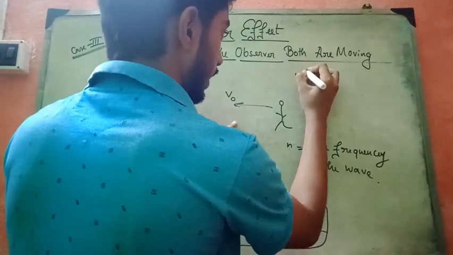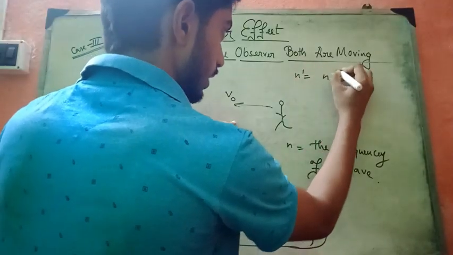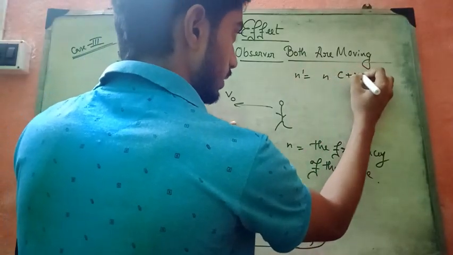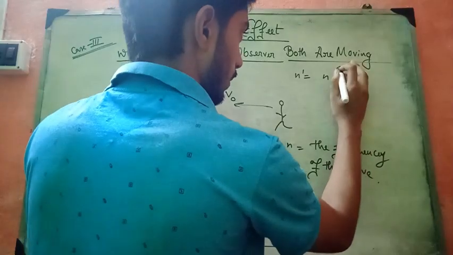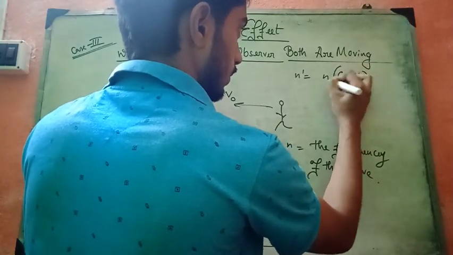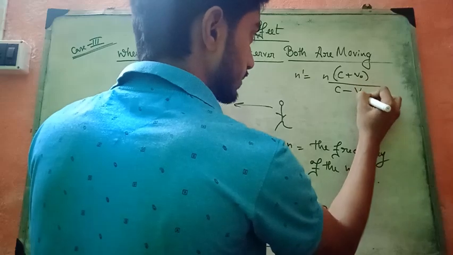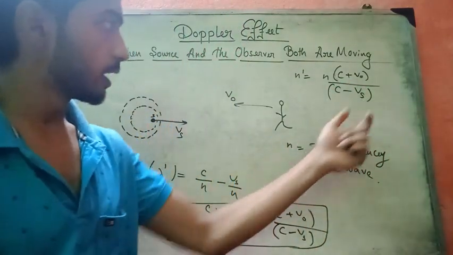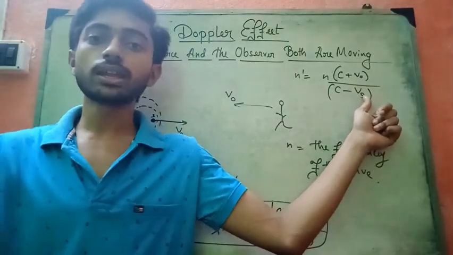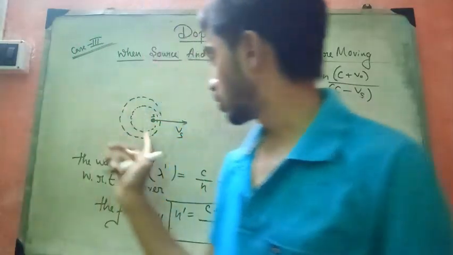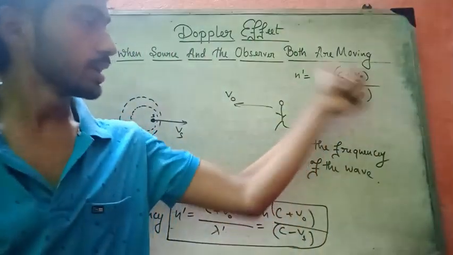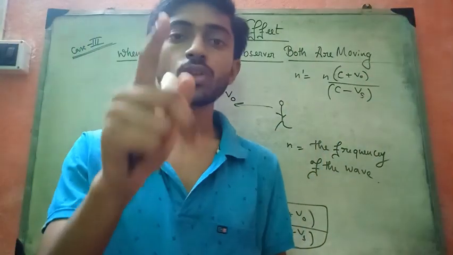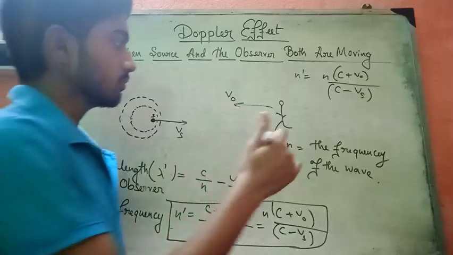So n dash equals n into c plus v naught divided by c minus Vs, where Vs is the velocity of the source and v naught is the velocity of the observer.